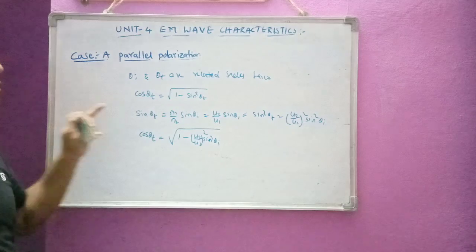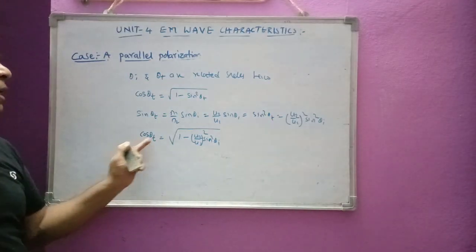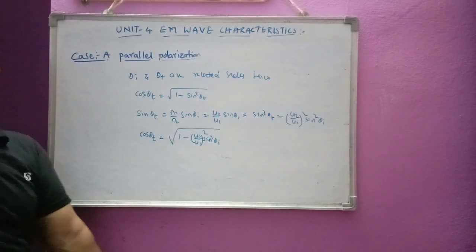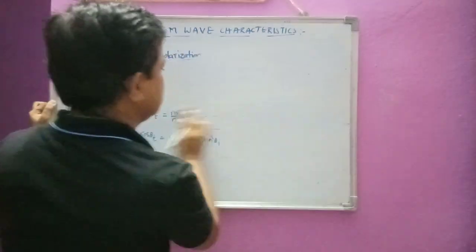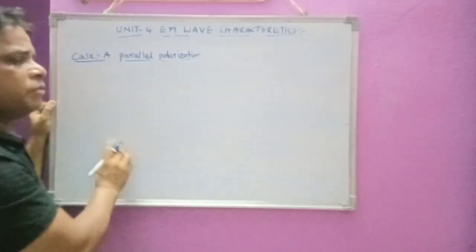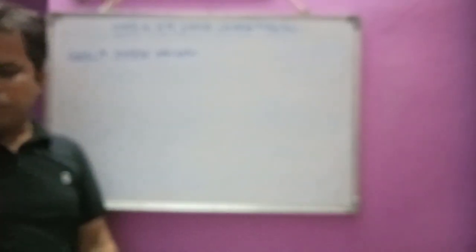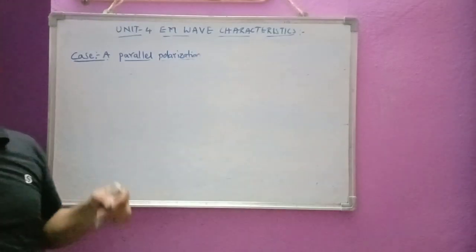Okay, this is the expression by which theta i and theta t are related using Snell's law. Now similarly I can build some relations. As we have seen, 1 plus gamma is equal to tau. We will try to define those equations here.